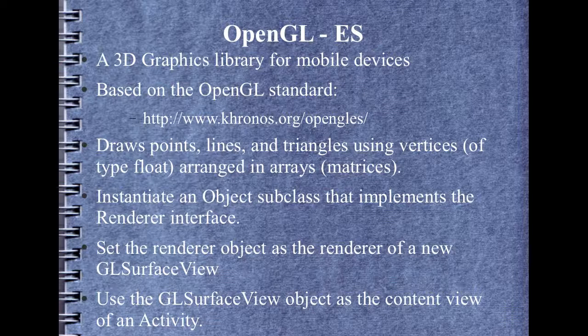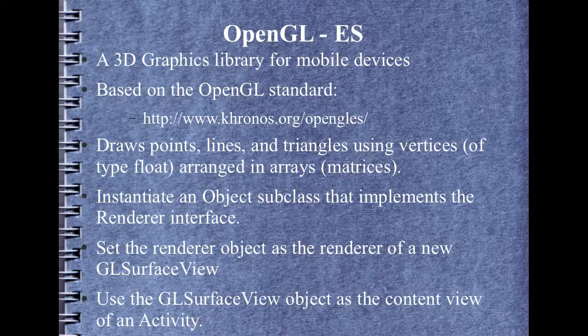So what we do to set up the environment is we're going to be instantiating an object subclass that implements an interface called renderer. Renderer is where we render our scene. This subclass becomes the renderer of a new GL surface view.